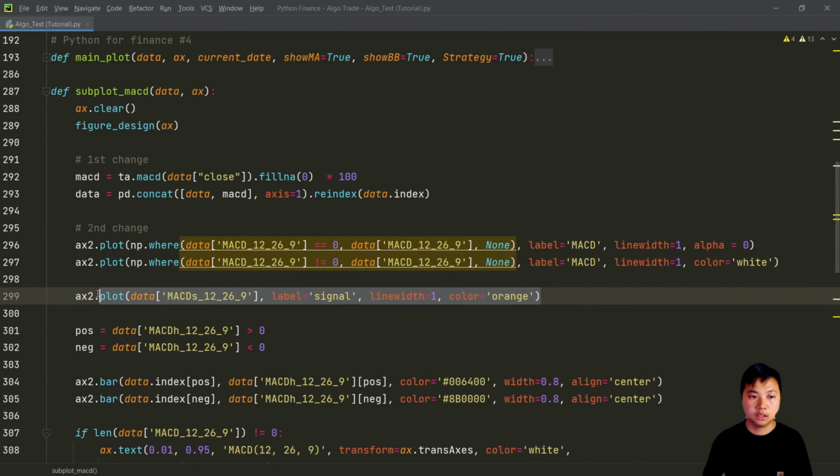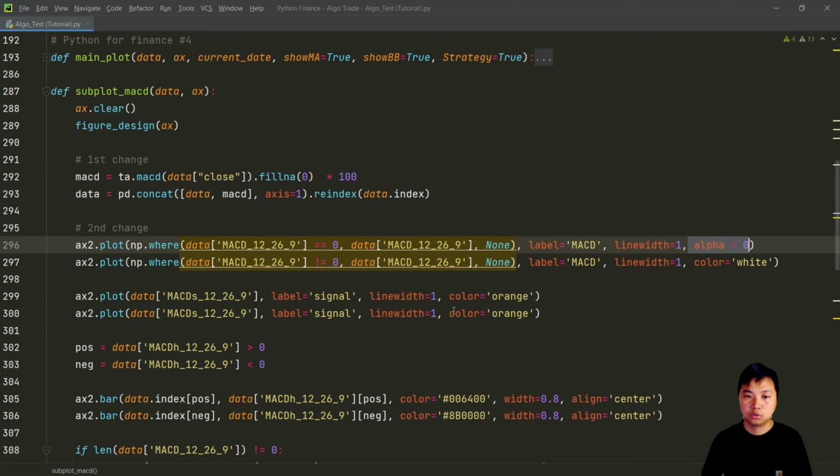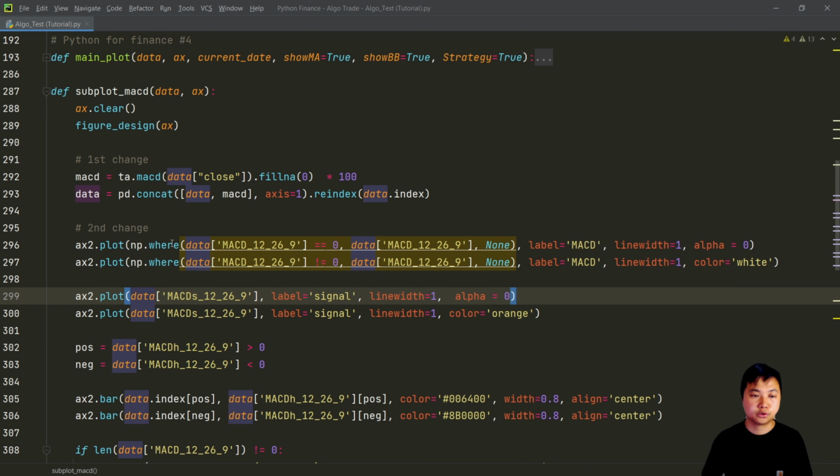And similarly, we can make these conditions for the second line of the MACD, and this is for the signal line.